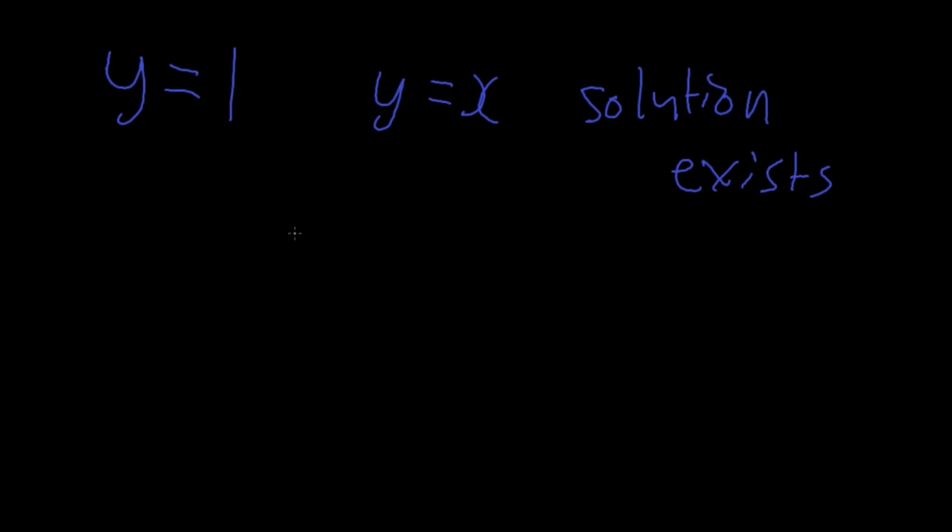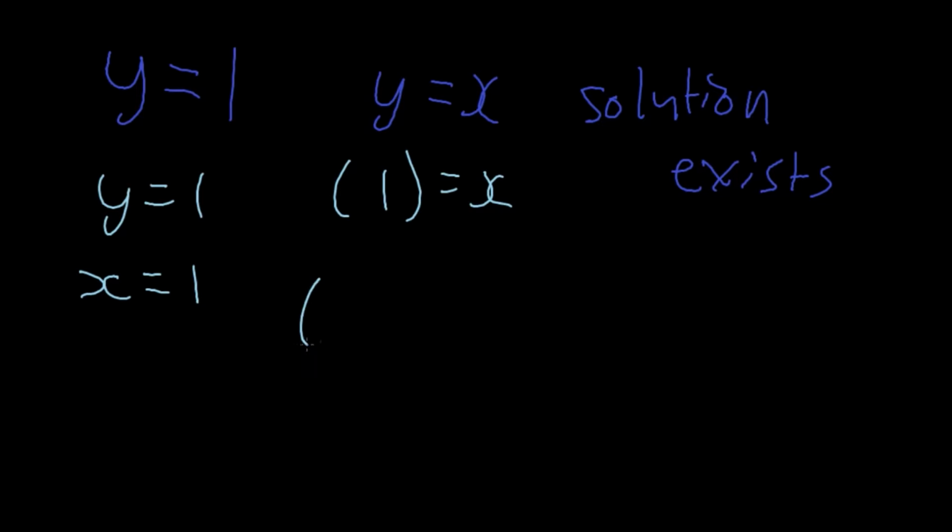One of the ways we could go with direct proof is just to solve for it. Well, we know that y equals 1. Substitute in 1 here, and we get x equals 1. Our solution is (1, 1). That is the point that they intersect at.